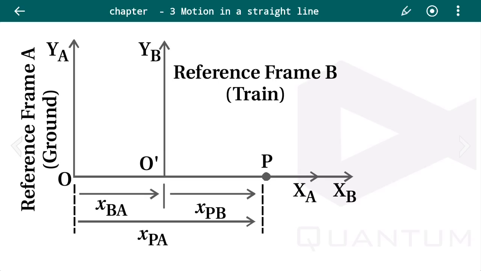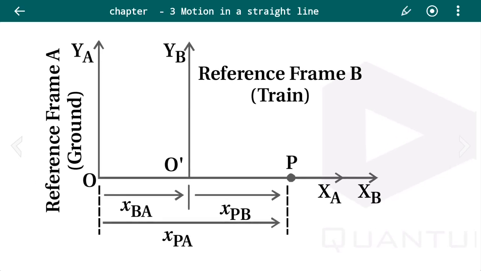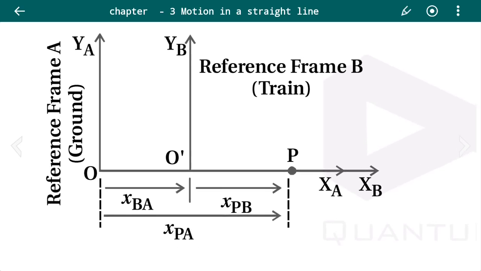and for the reference frame B, YB O' XB is taken, right? So for reference frame A, O, the origin, is taken as the reference point, and for reference frame B, O dash is taken as the reference point.